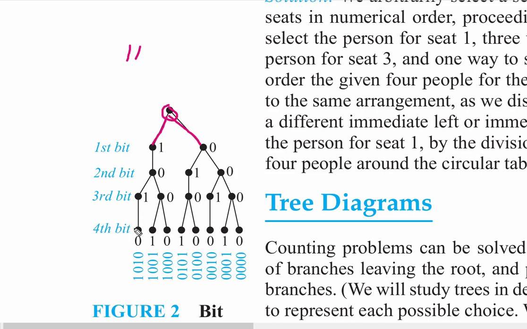Now there are 8 dots on the bottom row. That means there are 8 bit strings of length 4 that satisfy the condition: no 2 ones, no consecutive 1s. For example, going this way, we get 1 0 1 0.